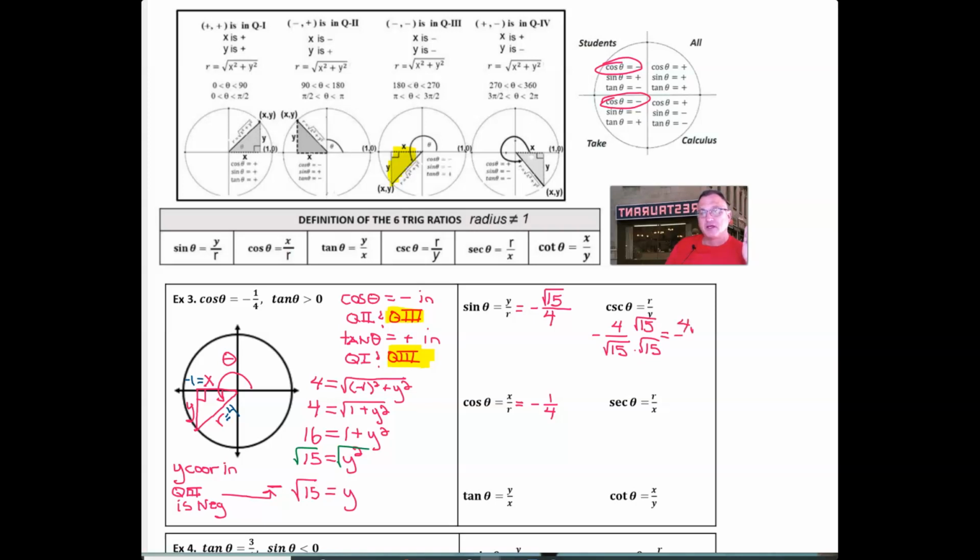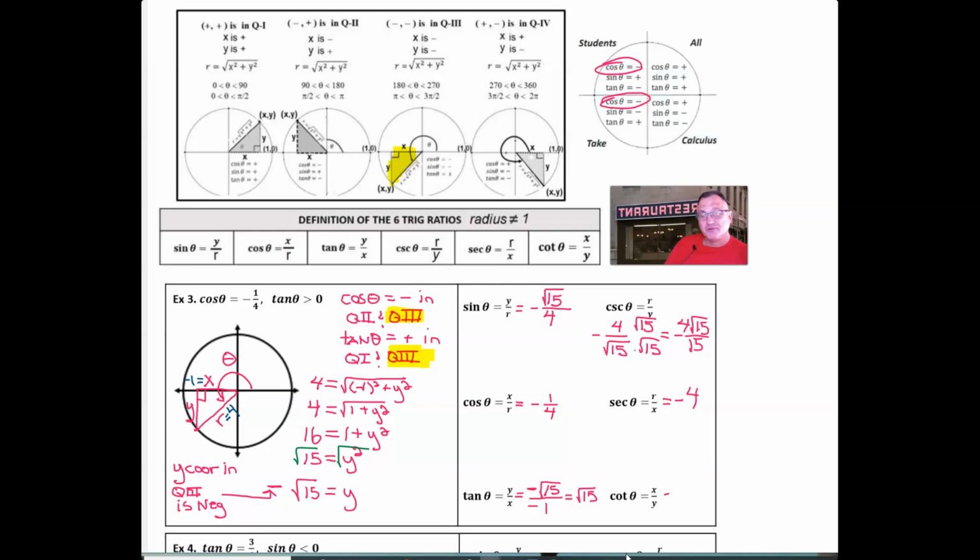So I get -4 root 15 over 15. Secant is going to be -4 over 1, so -4. And then my tangent in quadrant 3 is positive because I get a negative root 15 and a -1, and a negative divided by a negative is positive.